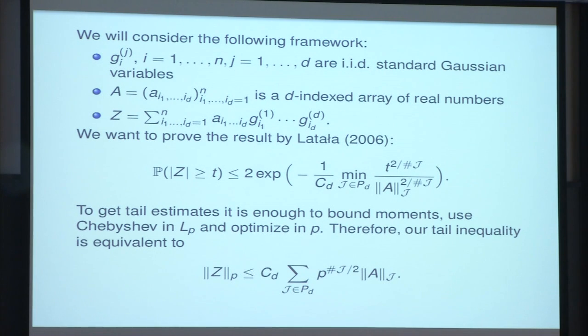Usually in the concentration of measure theory, people like to work with the Laplace transform. But once you go to degree 3, in Gaussian variables, the Laplace transform does not exist anymore, right? It's infinite. So you need to work with something else to get the tail decay.